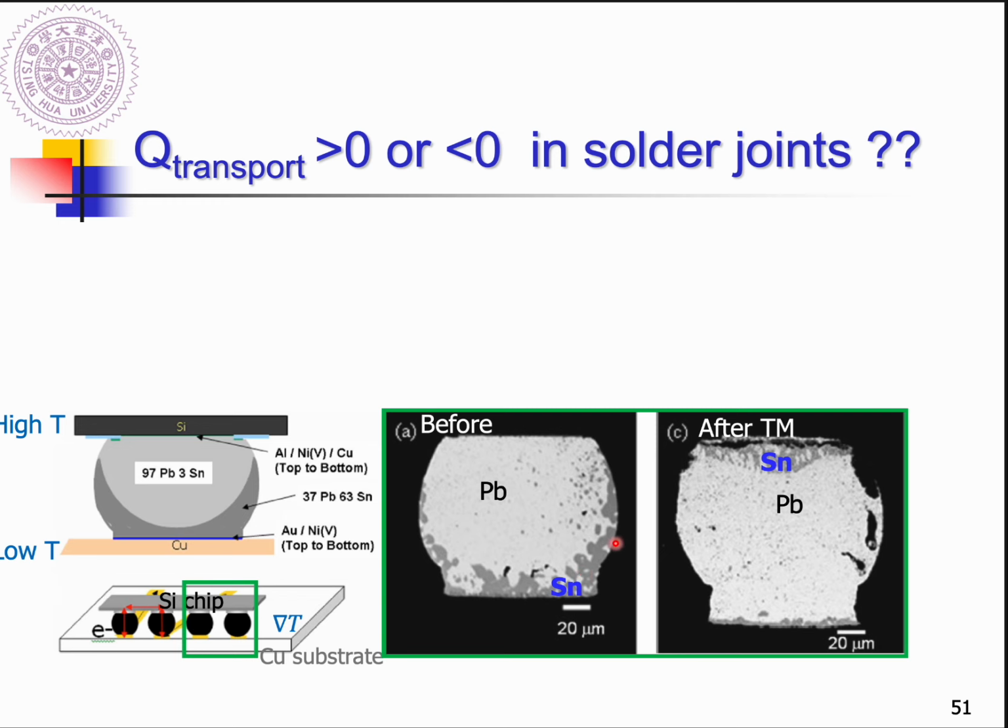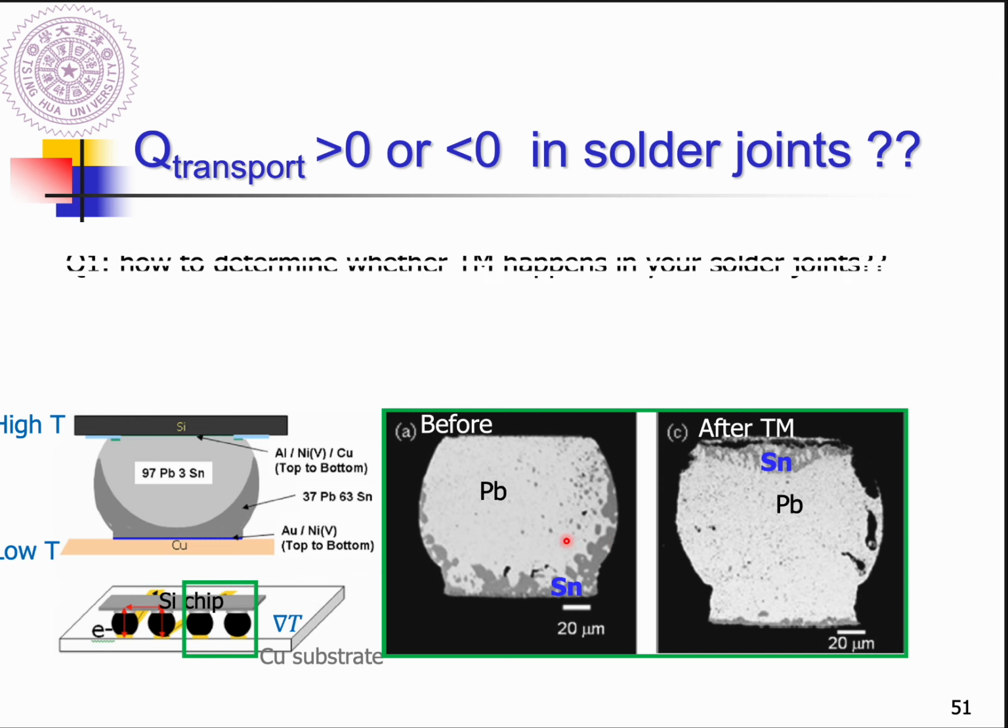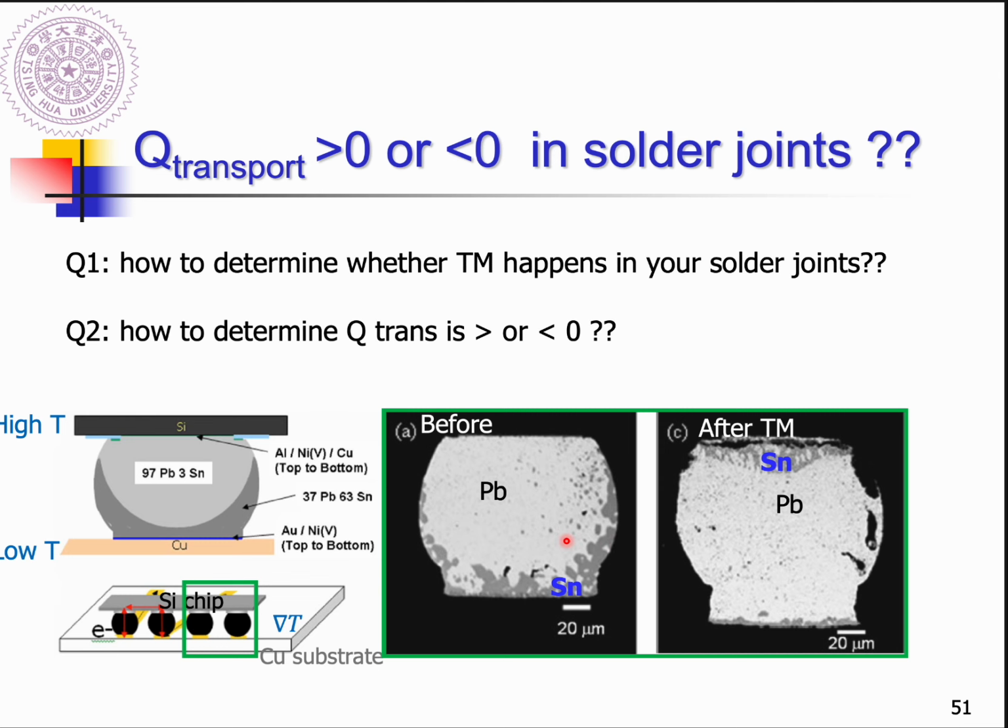Then you can know whether thermal migration did exist in your solder bond. So based on these figures, I believe you can determine the heat of transport of a specific compound, right?